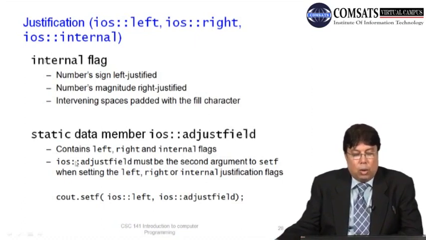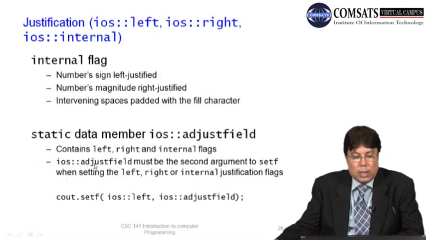So the left, right and internal flags are static data members, and they are used as adjustfield. So you can use the adjustfield member; with the help of that you can perform left, right and internal.